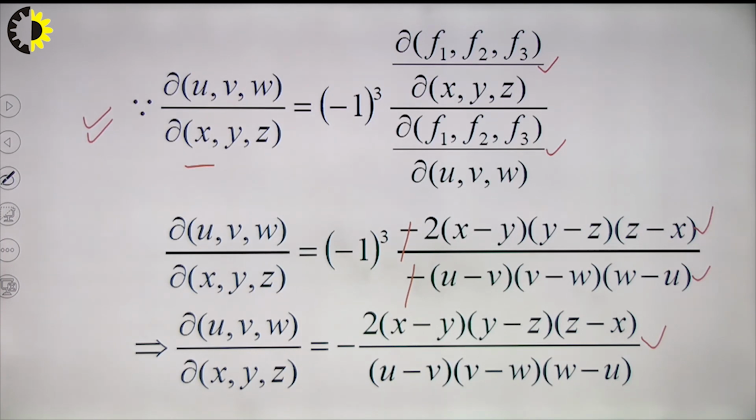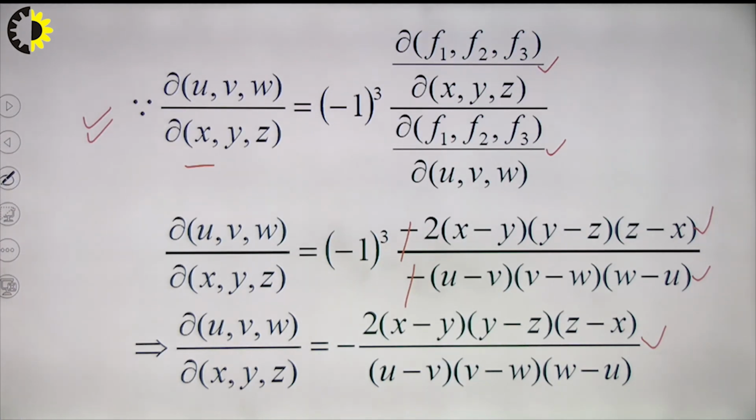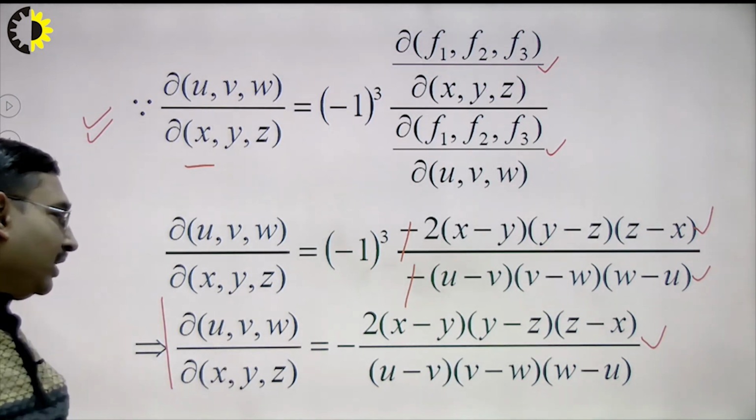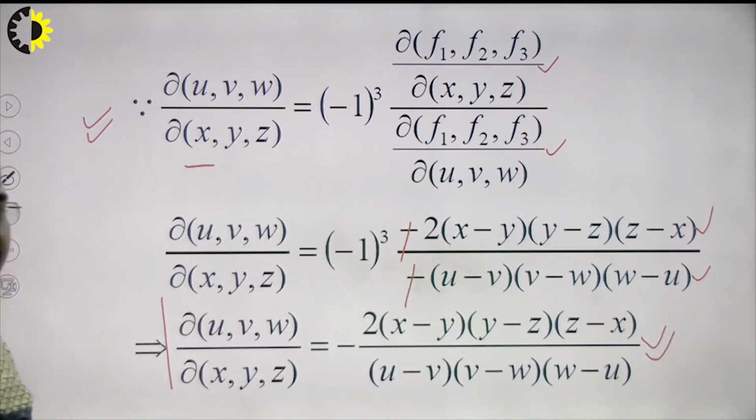Let me sum up this problem again. We were given a cubic equation. That cubic equation was having u, v and w as its roots, and we wish to prove that this Jacobian del u v w over del x y z is this one. What I did? First of all, I expressed the equation in standard form.